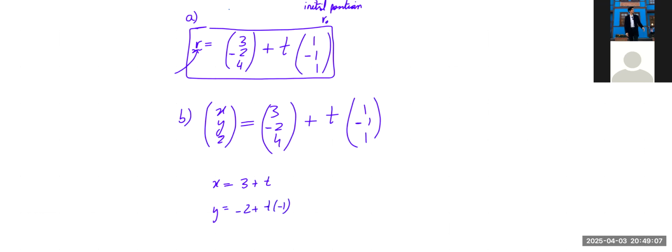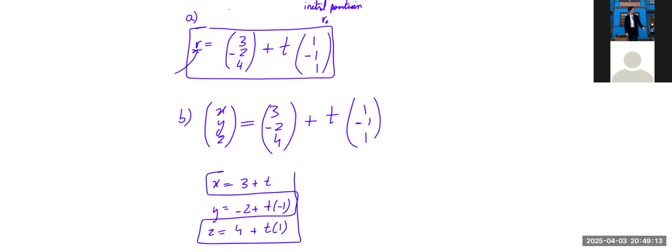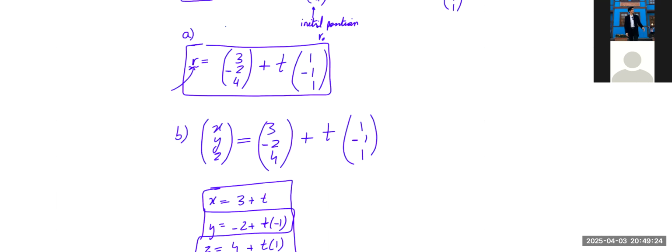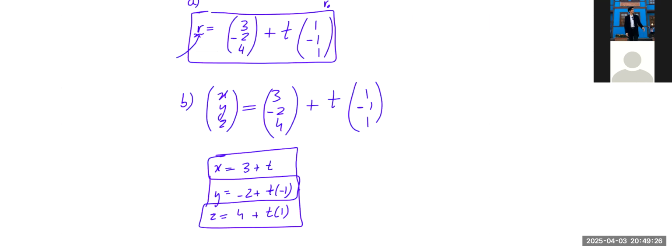And Z equals 4 plus t times 1. This gives you 3 separate parametric equations for X, Y, and Z. If I move 10 steps in this direction starting at this point, what will my Y value be? You can just directly plug in 10 steps and get the answer. So if you're only worried about one of the coordinates, you can use this to find it out.